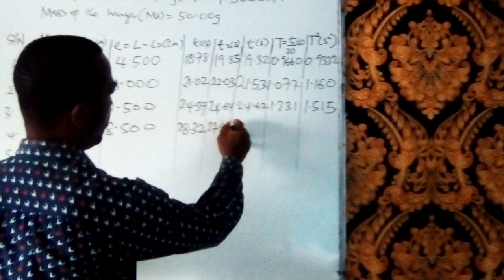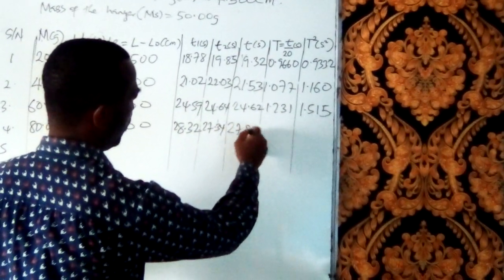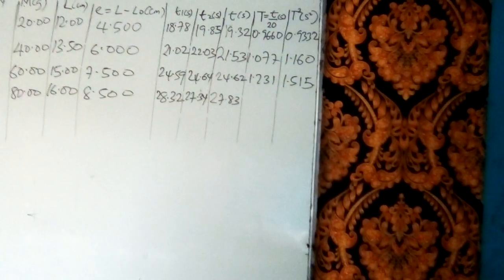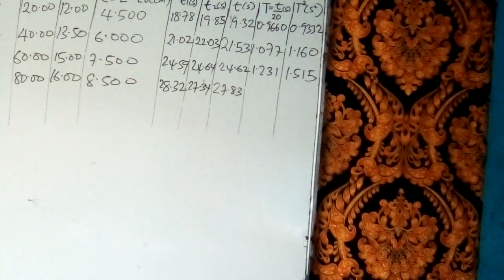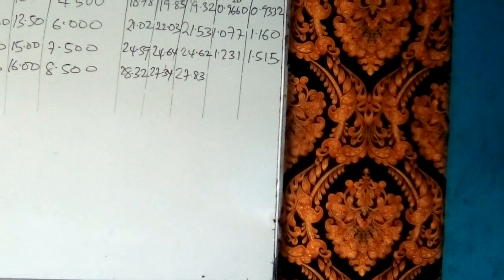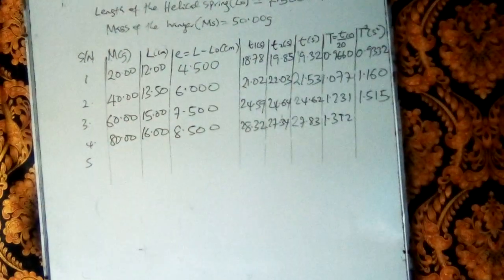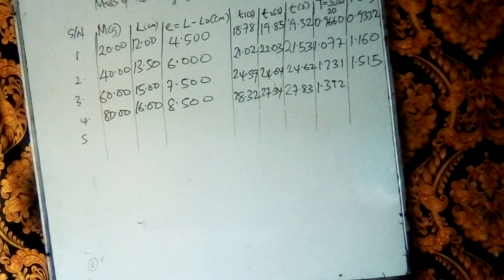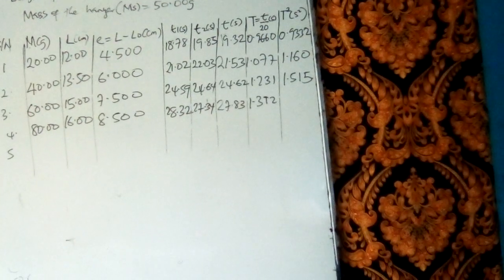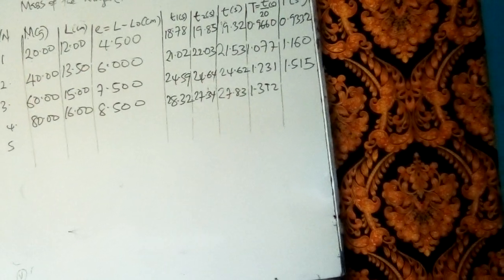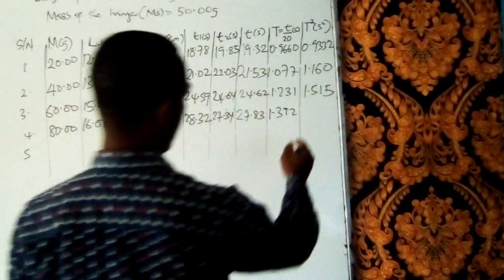So divide this by 20 oscillations. 1.392. Square this value to have T squared. 1.938.